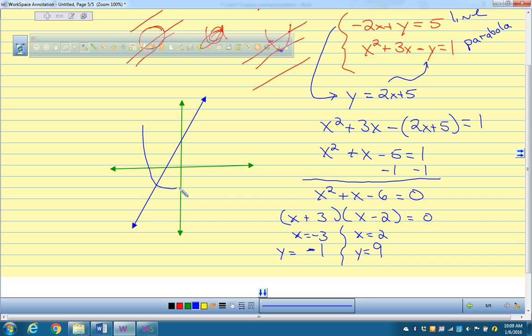And then it crosses again at 2, 9. So this would be 2 comma 9, and this would be the point negative 3 comma negative 1 over there. Okay? And that's how you would solve a non-linear system. And you'll see a couple of those in a minute.